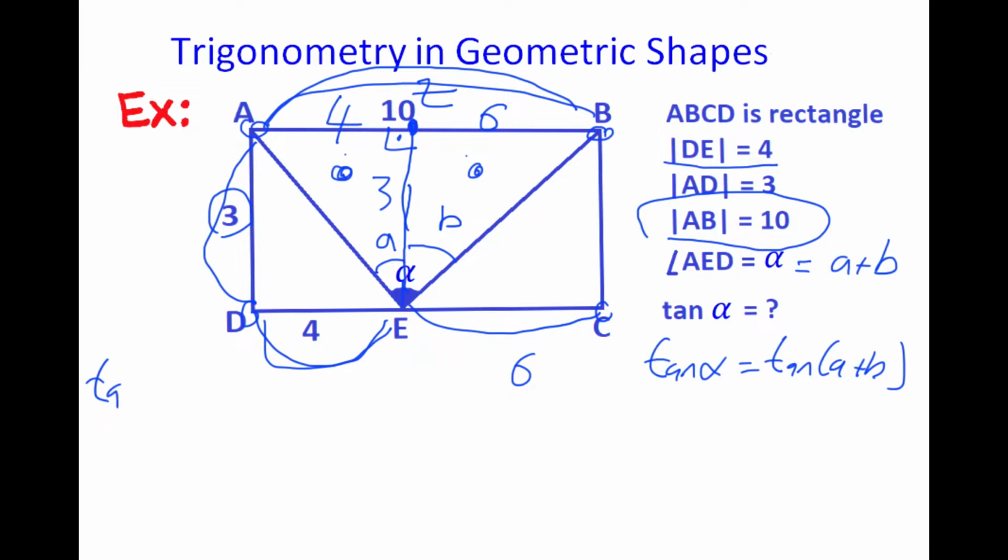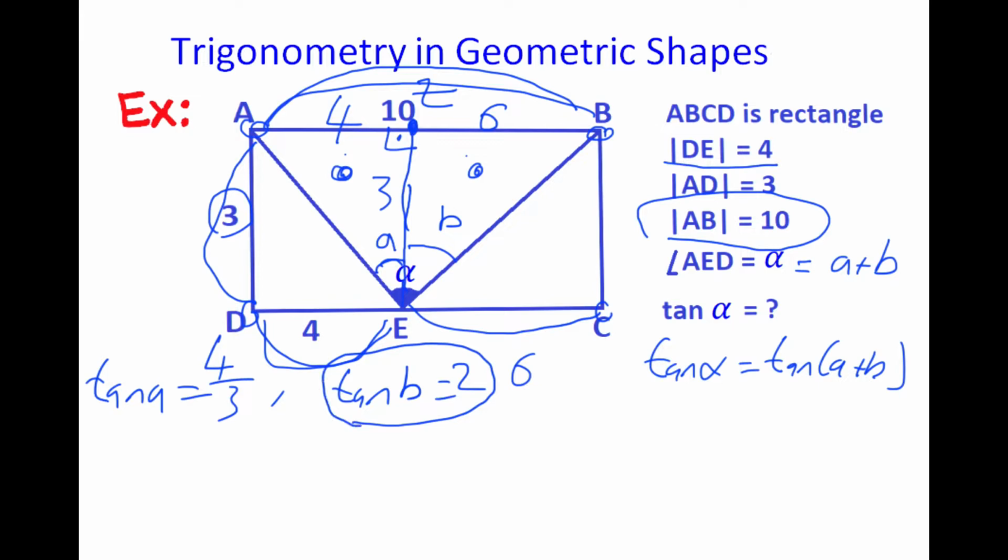For example, tangent A is, if you remember, tangent was opposite divided by adjacent, so it's going to be 4 divided by 3. And for tangent B, we will do the same thing. Again, we're going to have 6 divided by 3, which is going to be 2, guys.